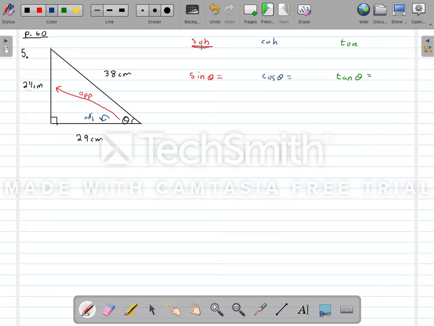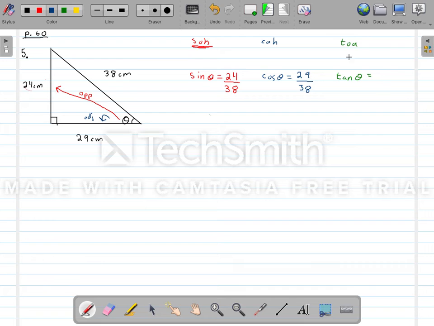Sine is the ratio of the opposite side divided by the hypotenuse. So our sine function is going to be 24 over 38. Our cos function is going to be our adjacent 29 divided by the hypotenuse, 38.